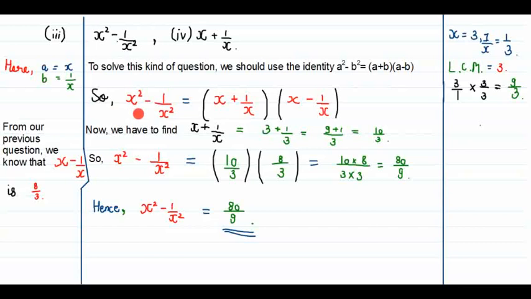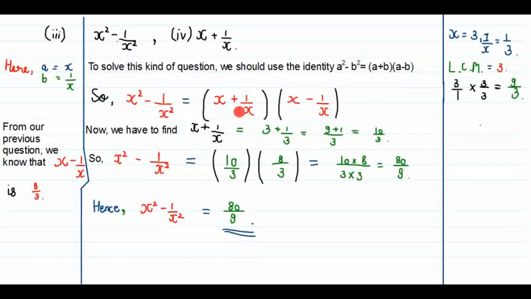So x square minus 1 by x square is the expression which we get, because we are going to substitute the value of a as x and b as 1 by x. So a square is going to be x square and b square is going to be 1 by x square, and the sign is substituted here.